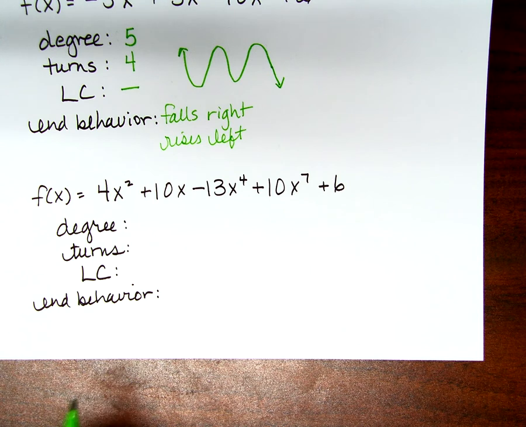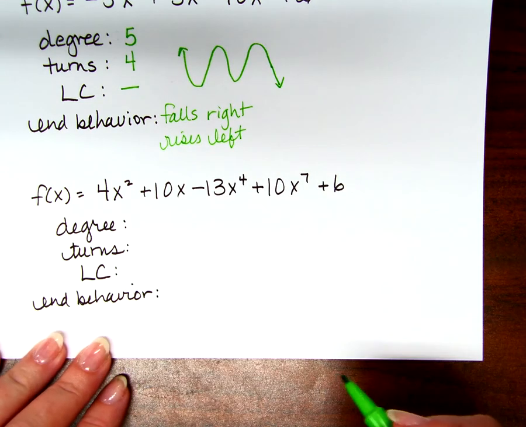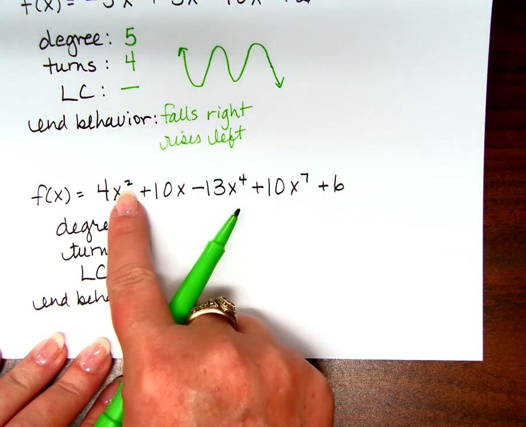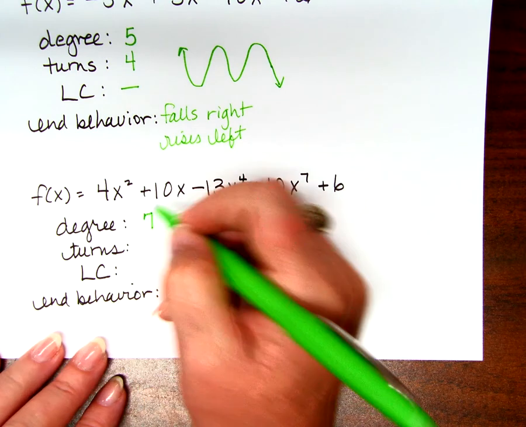Someone who hasn't spoken yet, volunteer to tell me the degree. Charlie, what you got? 7. Oh, but that's not at the beginning. 2 is at the beginning. Oh, it's the highest, not the first one, right? Okay.